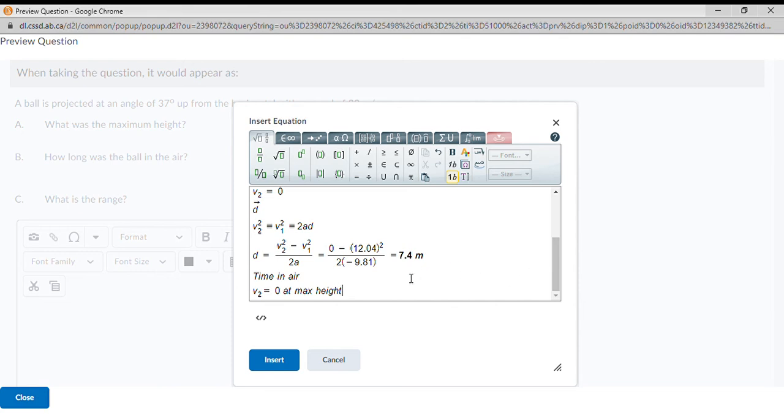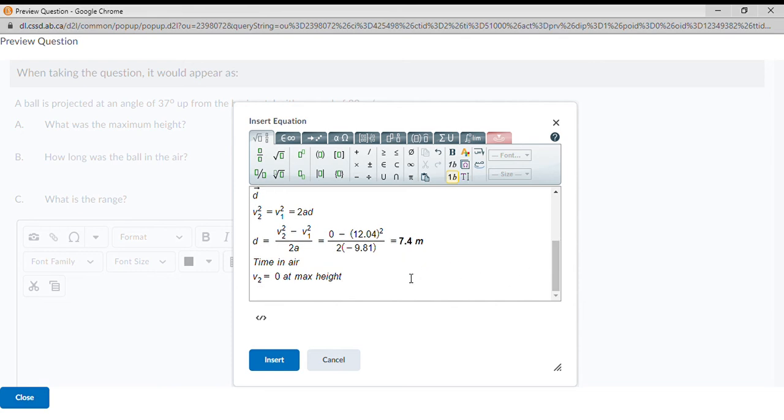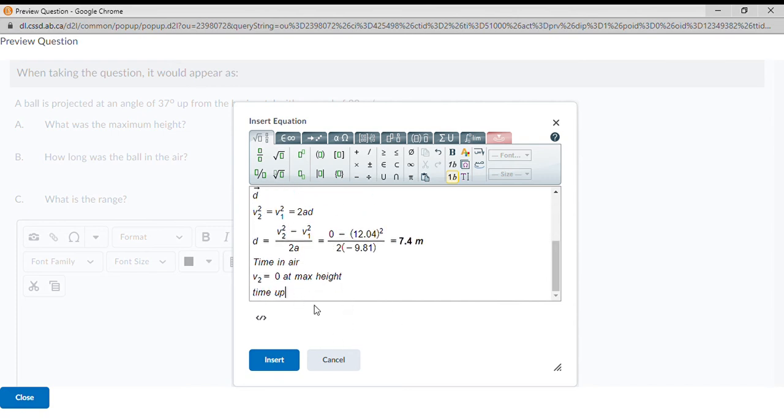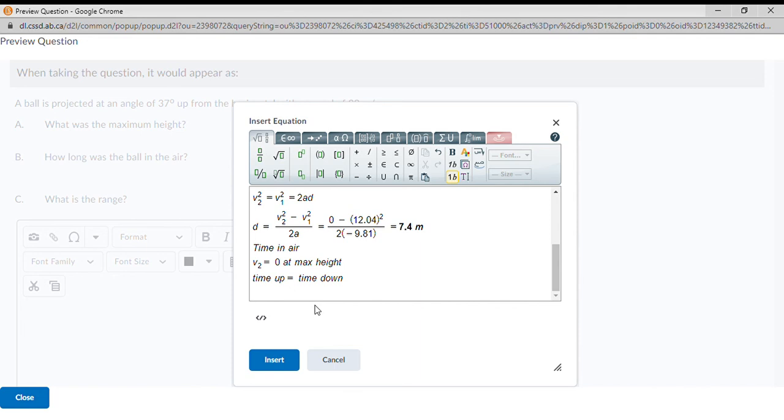And since we are dealing here with a projectile, time up is equal to time down.